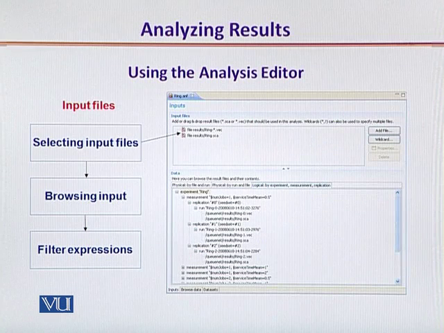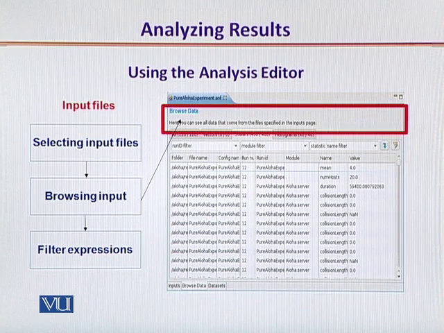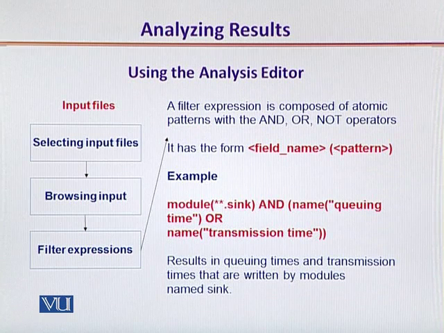First, the input files. When we identify the files which we are going to use, the scalar and vector files, we can actually browse them inside and see that these scalar and vector files are available through the analysis file that we have created. Then we can define interesting Boolean kind of atomic patterns to filter the most relevant and useful data.